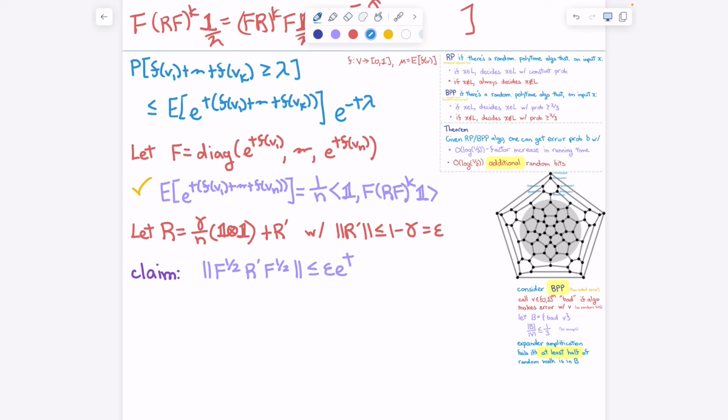So why is this so? Yeah, how can we prove this? It's really the maximum eigenvalue.